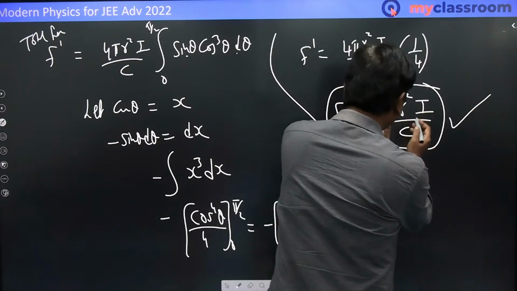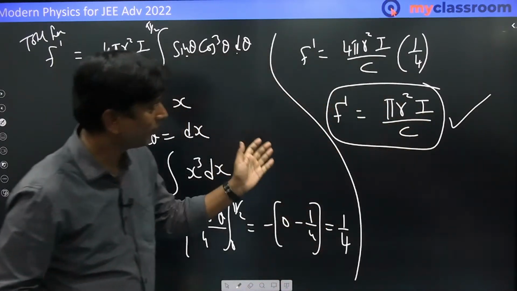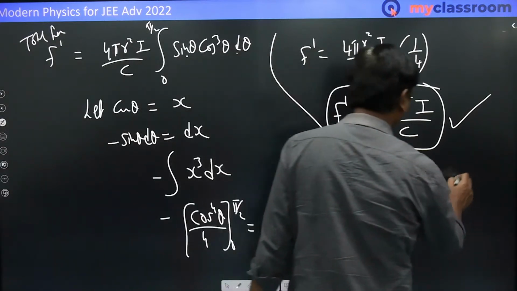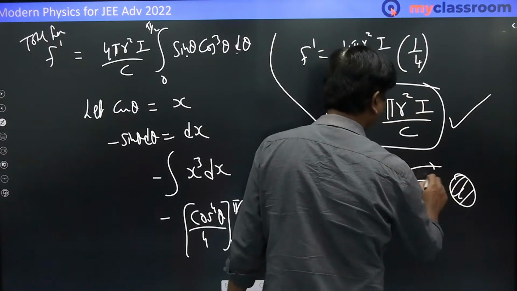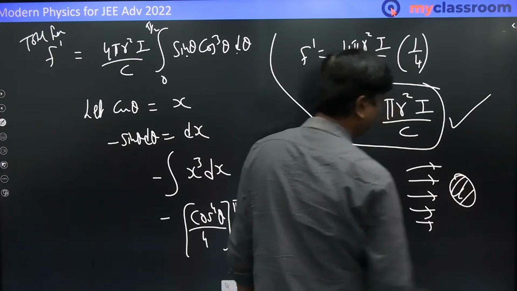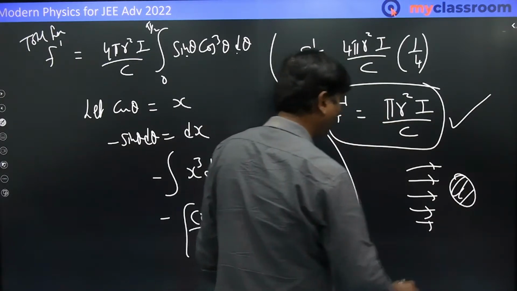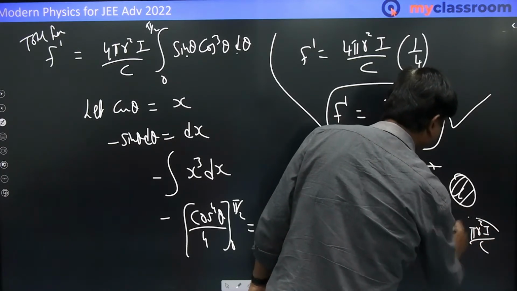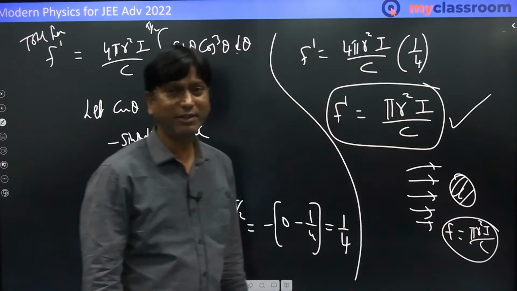And this is for perfectly reflecting, where you are getting pi r square I by c. Even when the sphere is there, as I told you initially, with perfectly absorbing also you are getting the same formula. At times you will simply use projected area, isn't it?